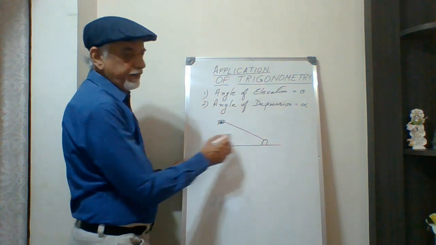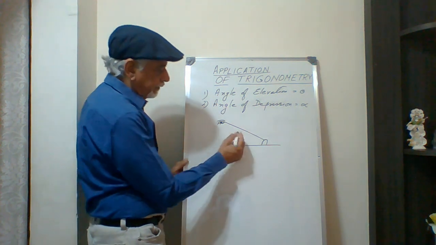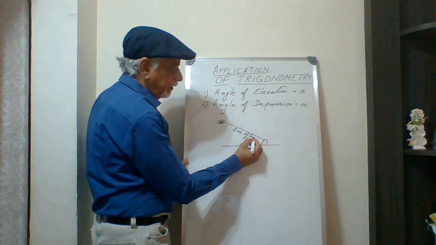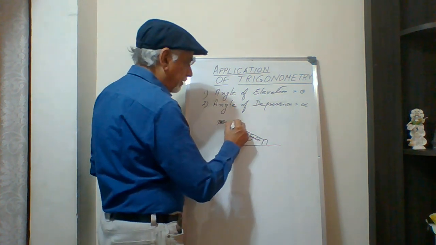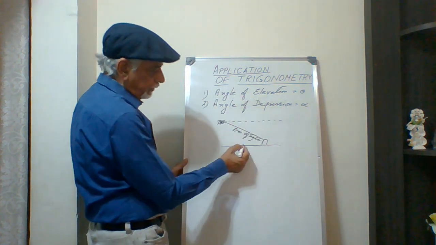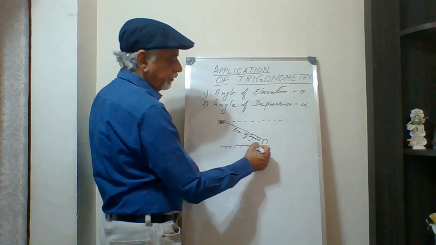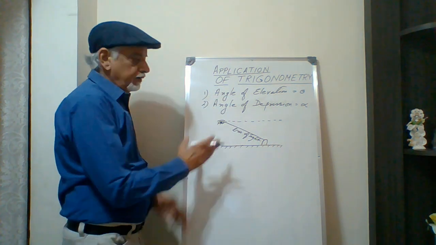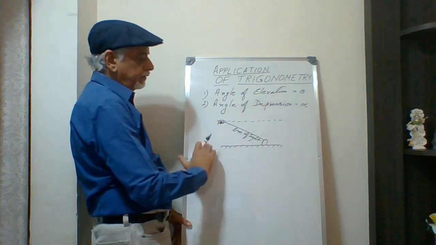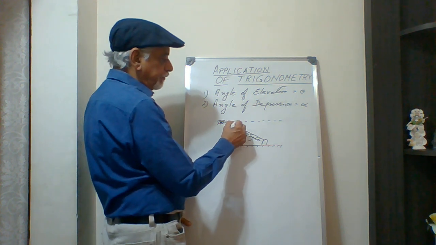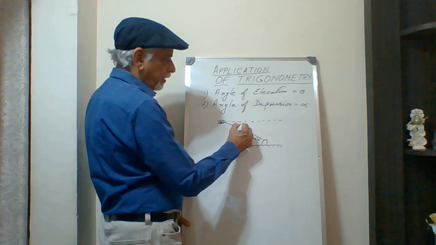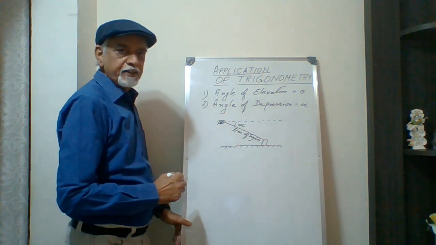Then what is the angle made by my eyesight? The line of sight is this line, and we draw an imaginary horizontal line which is just parallel to the ground. This was my ground on which the milestone was lying. The angle made between this imaginary parallel line and the line of sight, which I have now named as alpha, is called the angle of depression.